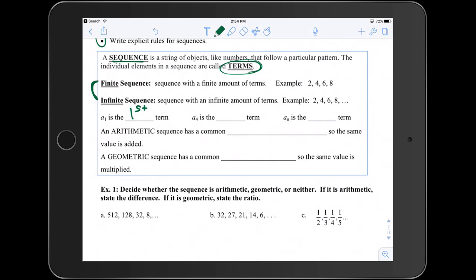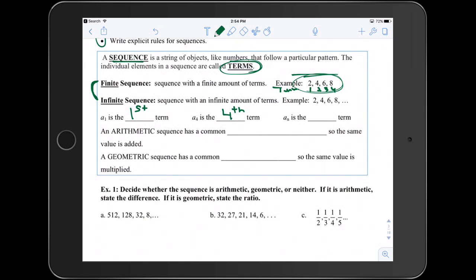So in this sequence over here, this would be the first term, or a sub 1. This would be the second term, third term, and fourth term. These would be the number of terms. So a sub 4 would be the fourth term. So 1, 2, 3, 4. If I said, what is the value of the fourth term in this sequence right here? You would say it's 8.